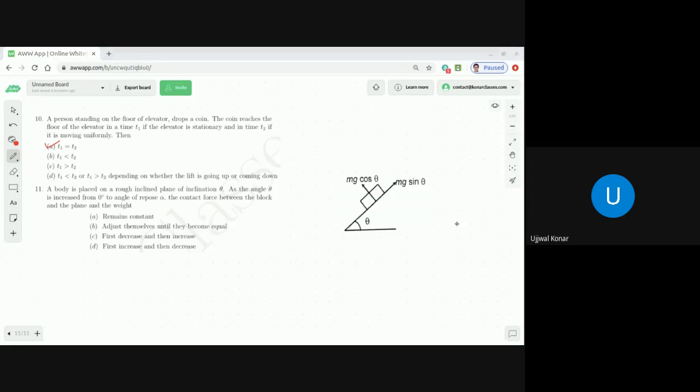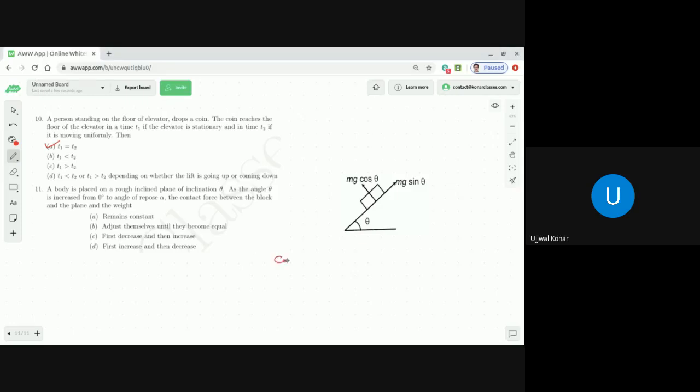Correct? So what I'm saying is that at any angle theta, when the body is not sliding, frictional force is equal to mg sine theta. So what will be the contact force then? The contact force should be square root of mg cos square theta plus mg sine square theta. Correct or not? Yes, sir.